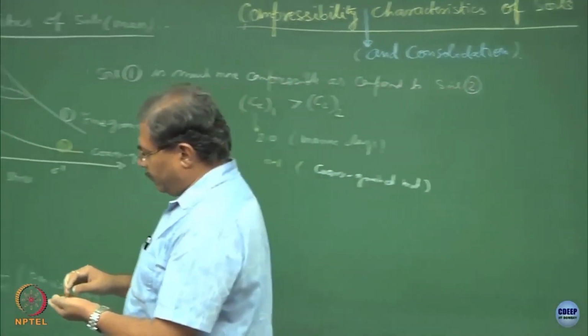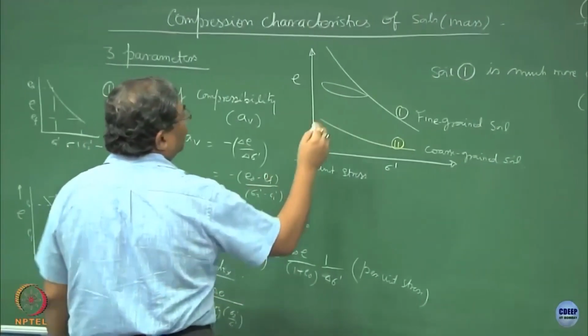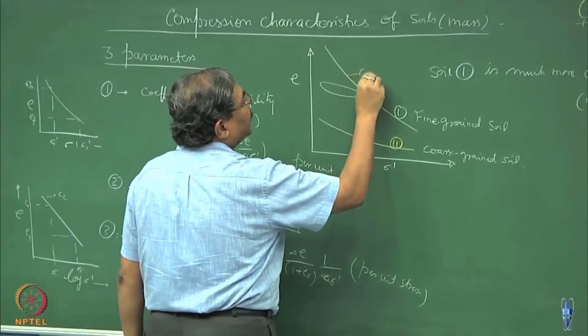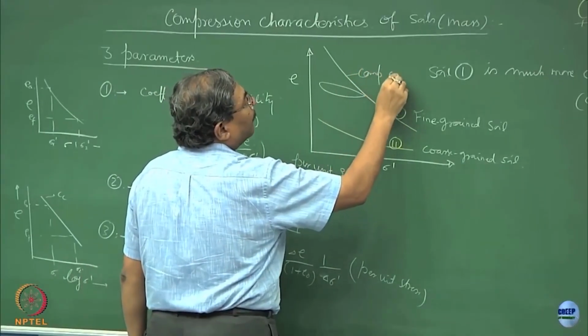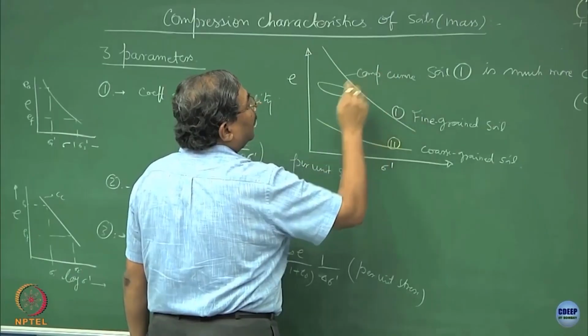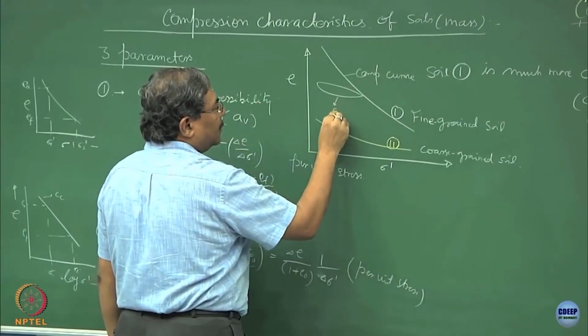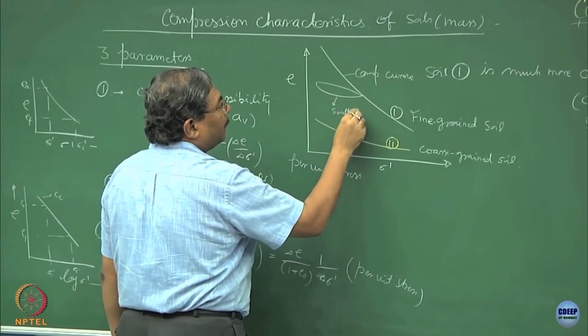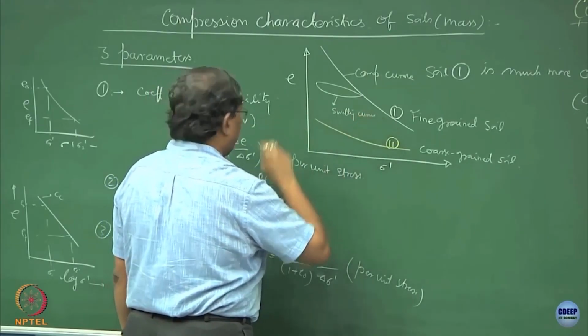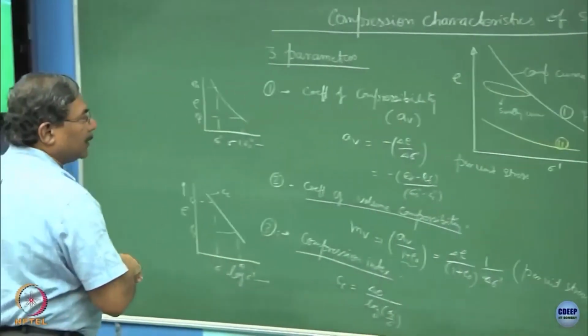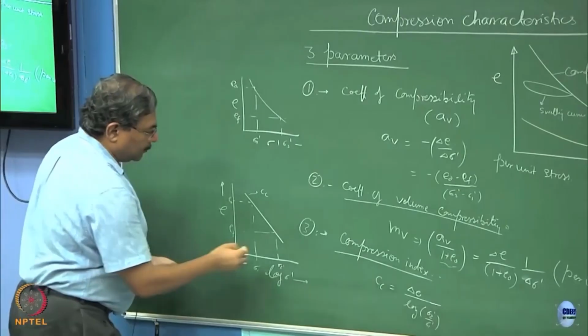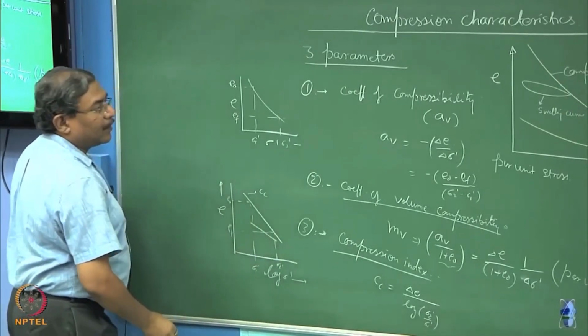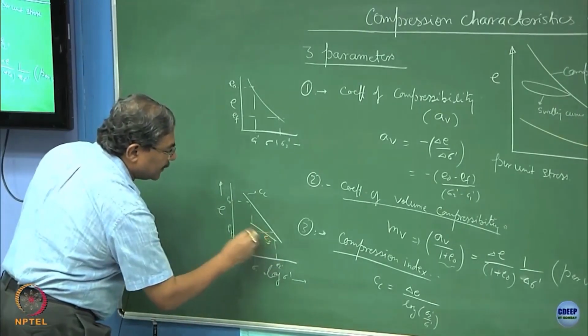On the same graph, if I plot, so this if you remember was the compression curve, and this is the swelling curve. So, here if I plot the swelling curve, this is how the swelling curve will look like, and the slope of this will be Cs.